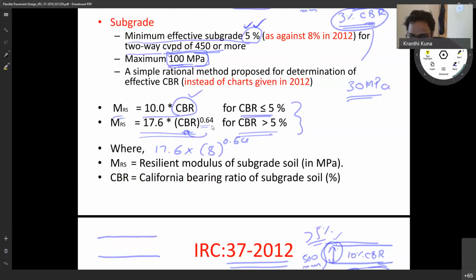Any other questions? Sir, what is the criteria for reducing the CBR value in IRC 2018? It was 8% in 2012. What's the criteria for selecting those CBR values?